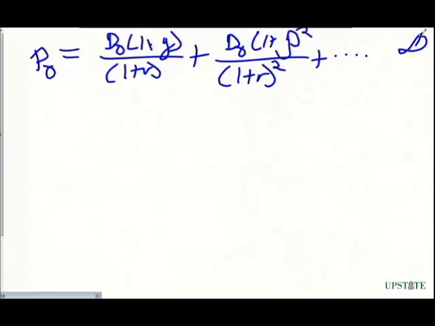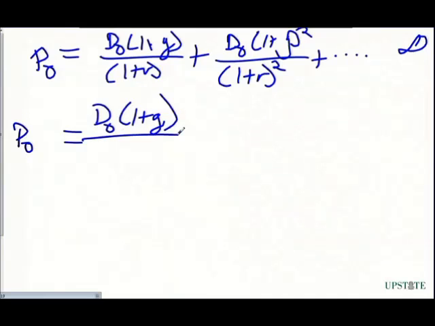We can simplify this process by moving this into a similar form as a perpetuity. We can say that our price today is equal to D0 times 1 plus g, divided by r minus g.